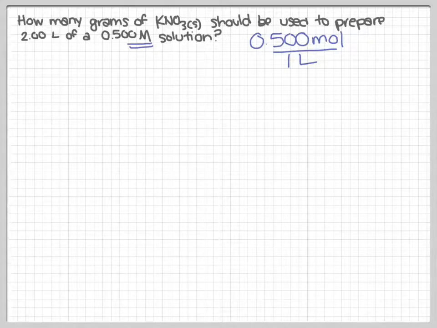But our other problem is that they gave us moles per liter, but they're asking us for grams. So I know at some point I'm going to have to convert between grams and moles using molar mass.